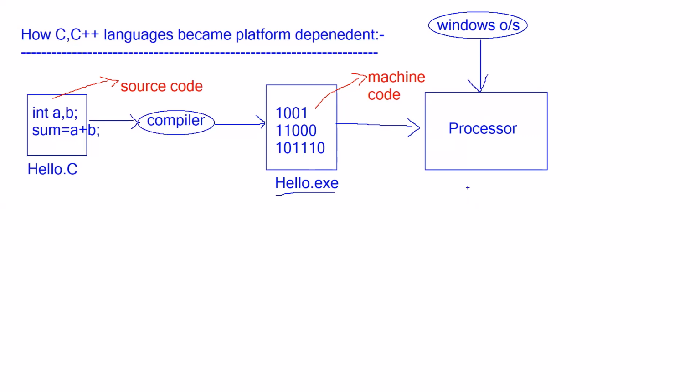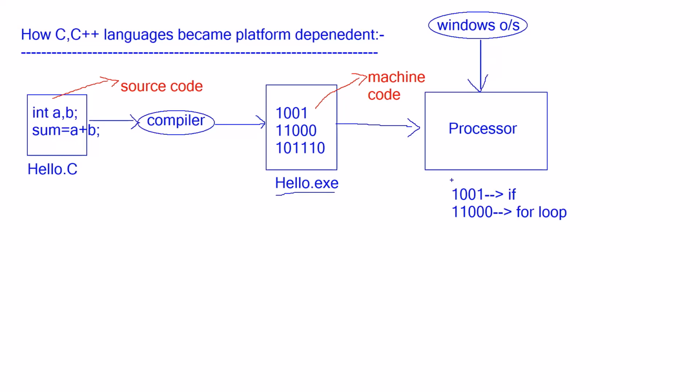What instructions may the processor get? I am writing here what it will get. For example, if you find 1001, consider it as an if statement. If you find 11000, consider it as a for loop. Like that, it will be giving the instructions.